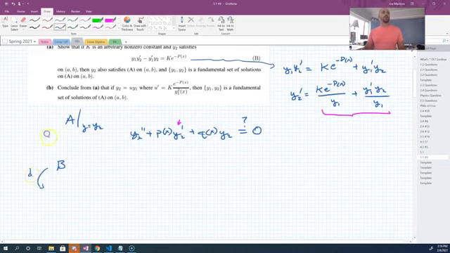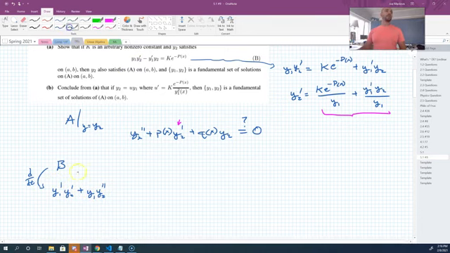And I'm going to hit this with d dt. Now I know B is satisfied by y2, because that's my assumption about y2, that it satisfies this thing. So when I do this, I'm going to have to use the product rule on this thing. So I get the derivative of the first thing times the second, plus the first thing times the derivative of the second.